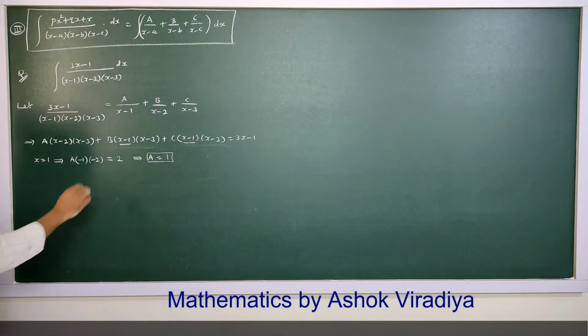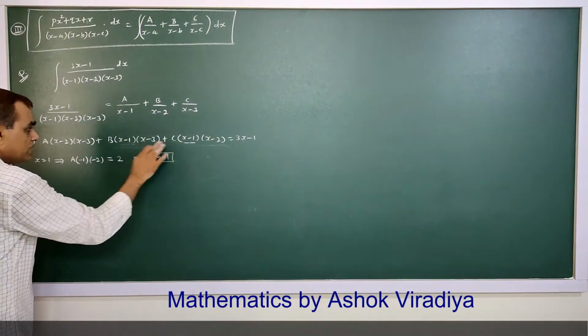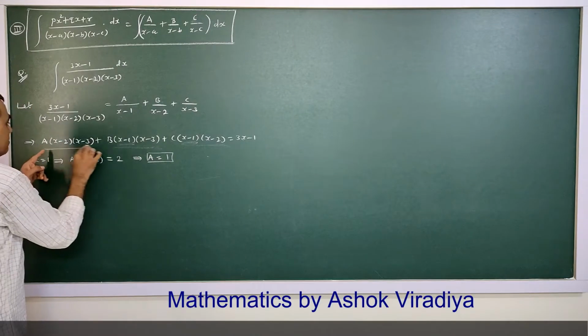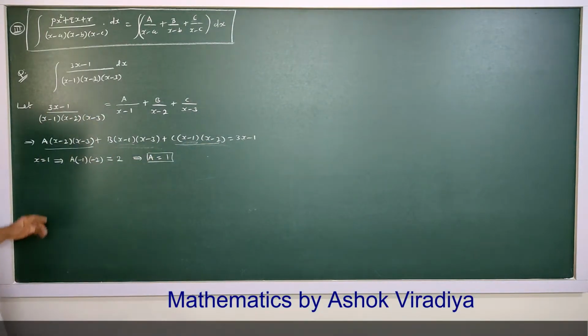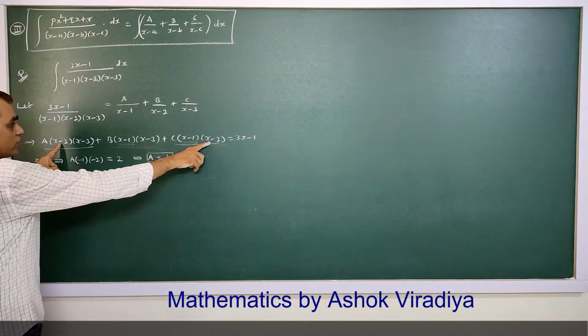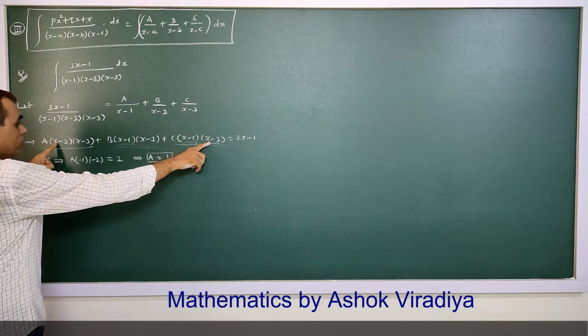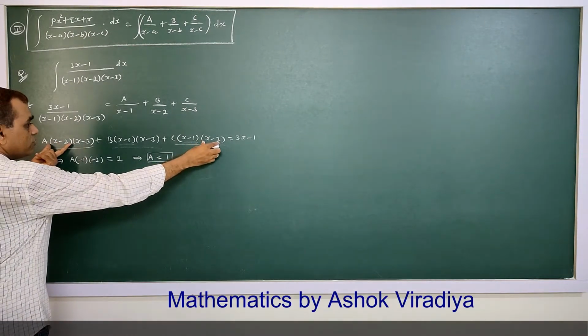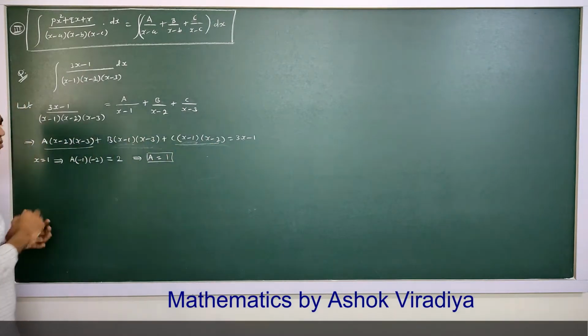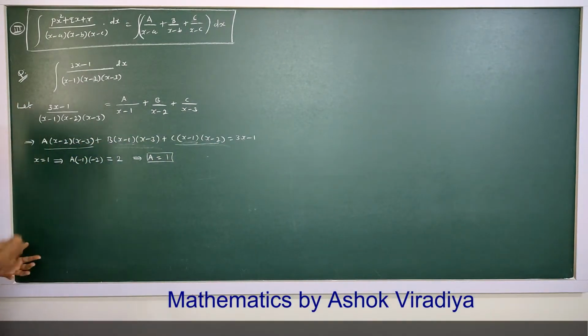Now we want the value of b. To get b, observe this term and this term. What is common? x minus 2 is common. So if we take x equal to 2, this will be 0 and this will be 0, hence both terms will be 0. So b can be found.